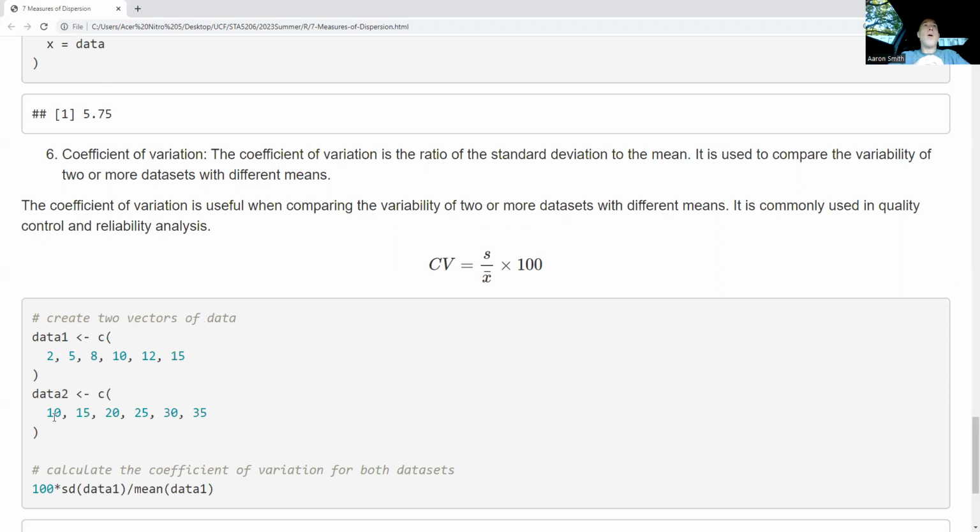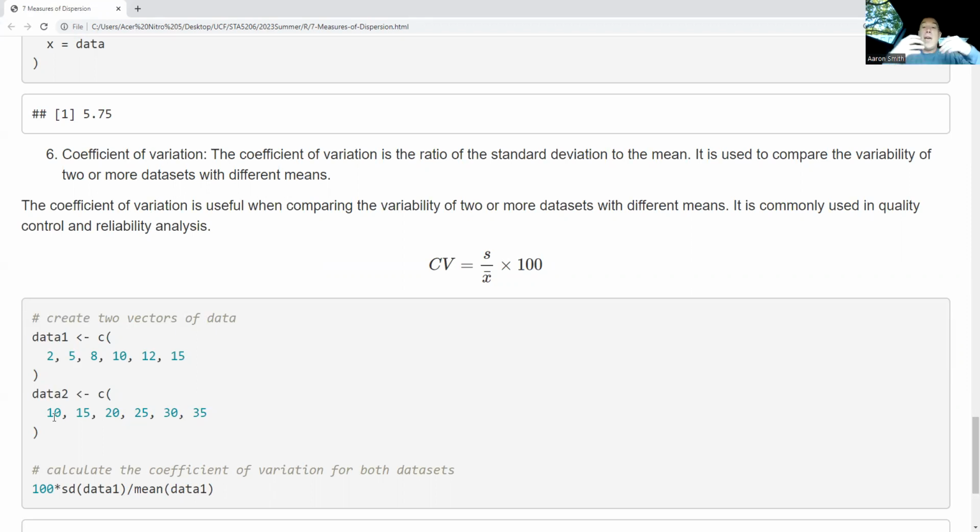Let's say I want to compare the dispersion of planets with asteroids. Well, planets are probably going to be bigger, right? So just off of the sheer size of planets, the measurement of dispersion is going to be so much bigger, not because they're really dispersed, but because they're just bigger numbers in the first place.